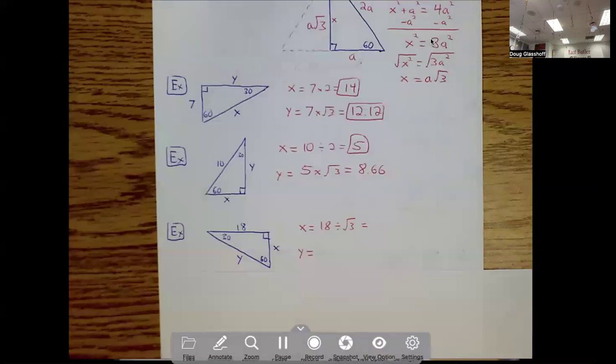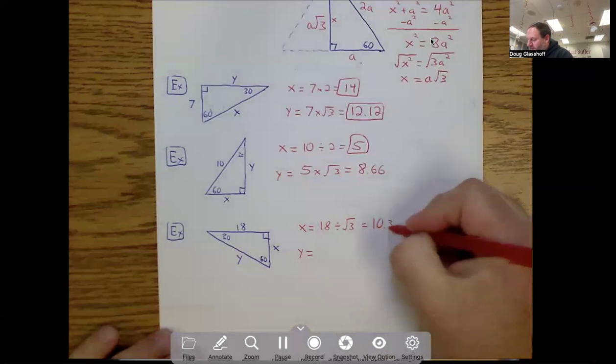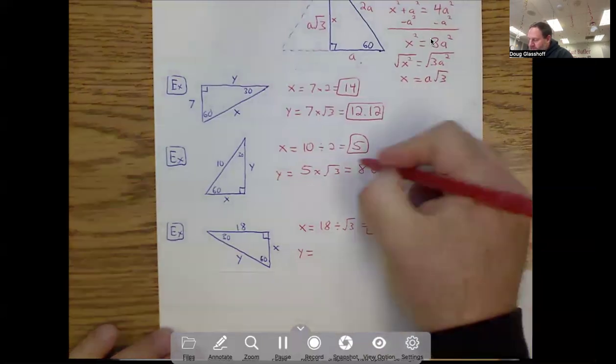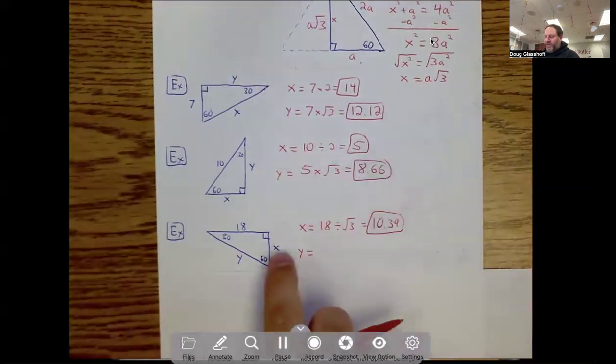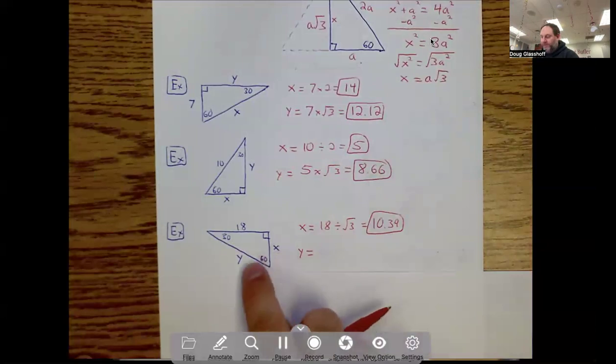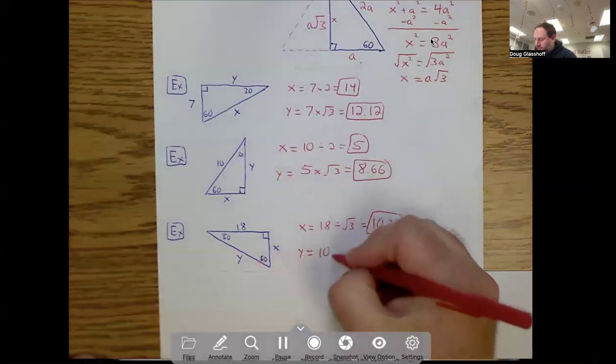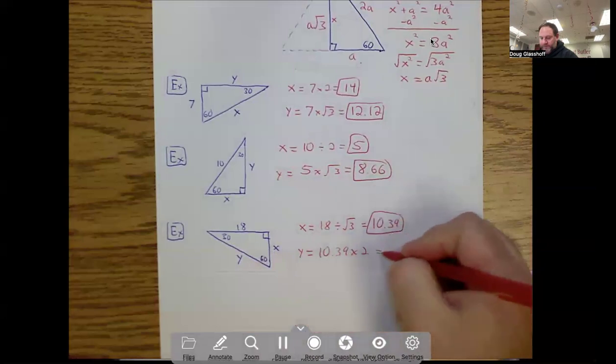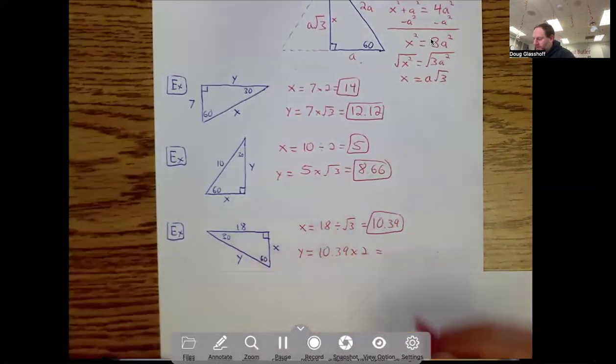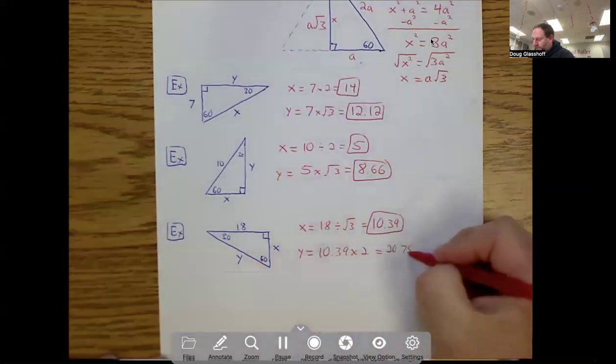Let me grab that. If I divide that, that gives me about 10.39. And then remember, to get from the shorter leg to here, I'm going to take that times 2. And that gives me about 20.78.